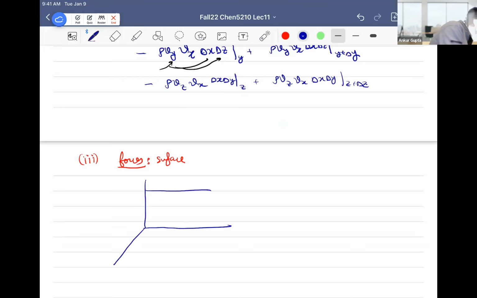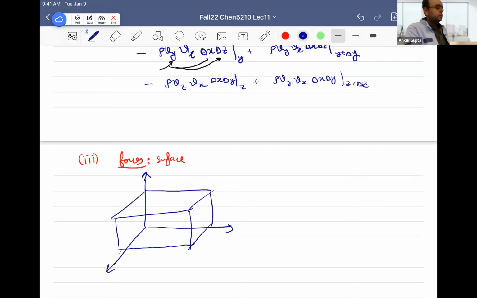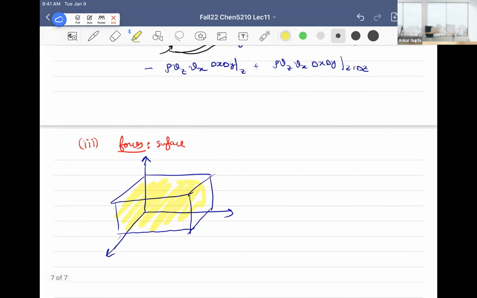Again, let's sketch our control volume. Now, for surface forces, I obviously need to go one force by one force. First question for all of you. In Newton's law, is it force by the body or on the body?